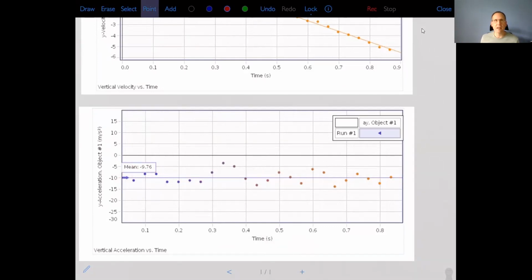If you ignore air resistance, any object in the vicinity of the Earth's surface is going to have the same acceleration, whether it's rising or falling, as long as there are no other forces acting on it.